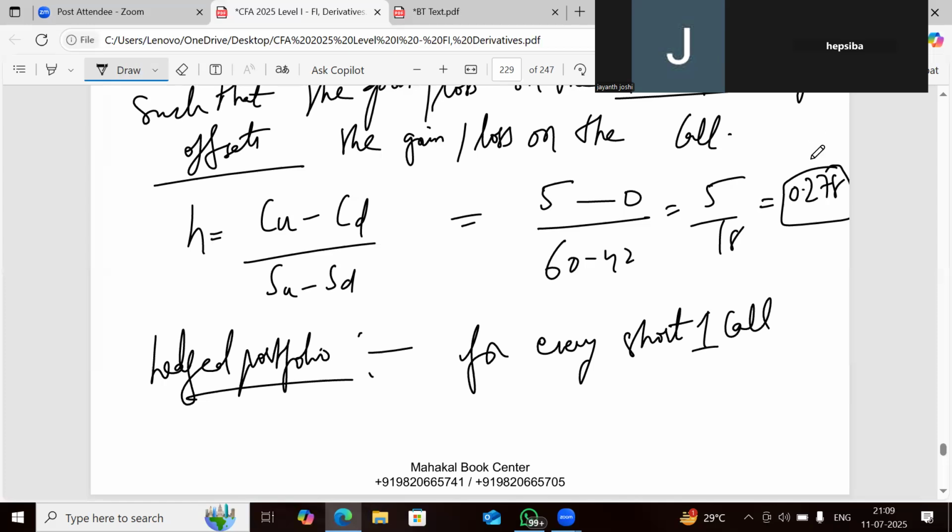That means this much part of the stock. If this is 0.2, that means one third.